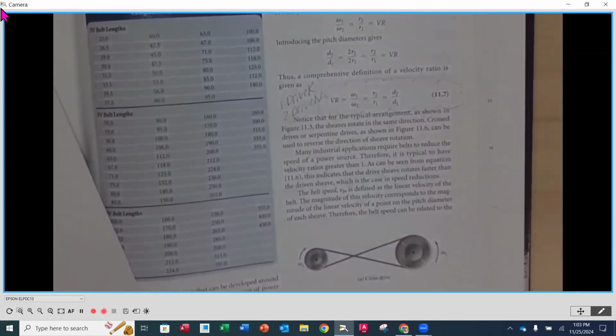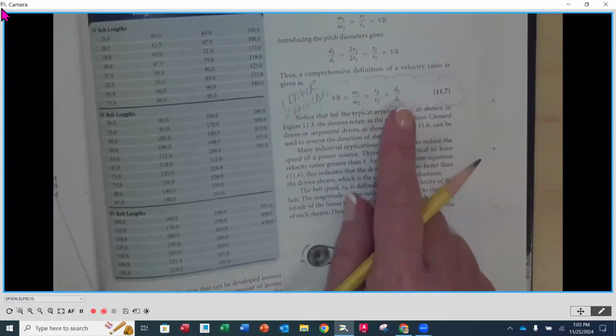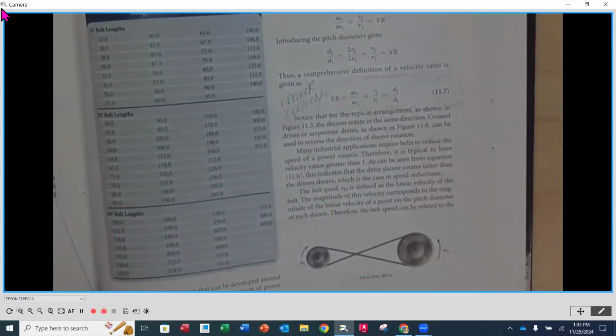So VR is equal to W1 over W2, the rotational speeds. The radius of the pitch diameters. And make sure you get the 1s and the 2s on the appropriate side for the pitch diameters themselves. So notice that 1 is on top for our rotational speed. 2s are on top when we're dealing with the physical diameters, the radiuses and the diameters.